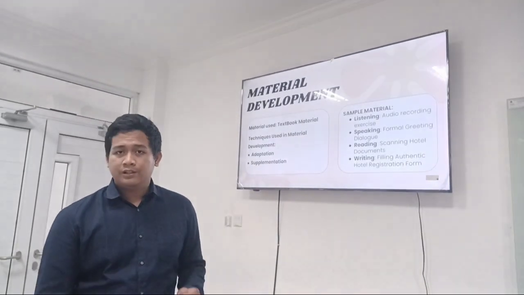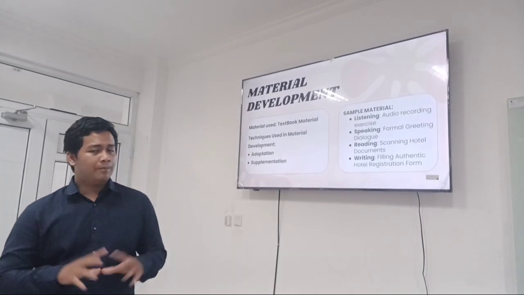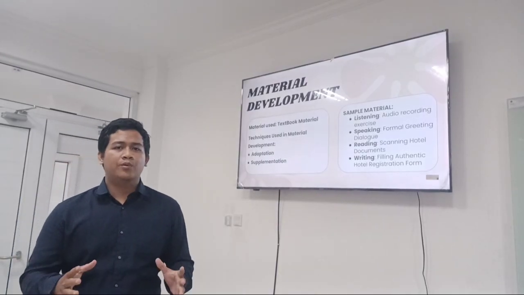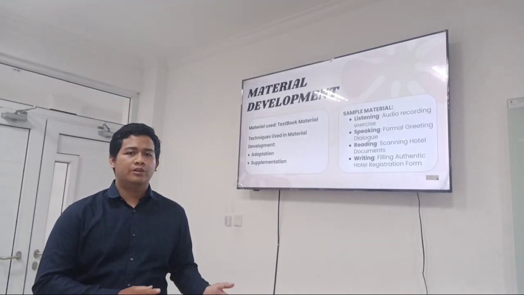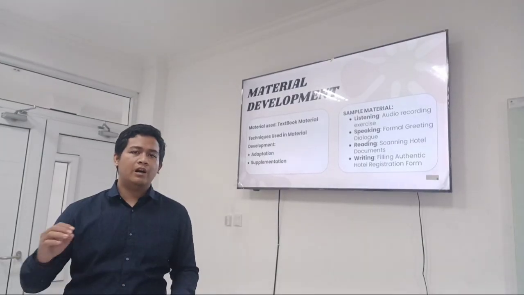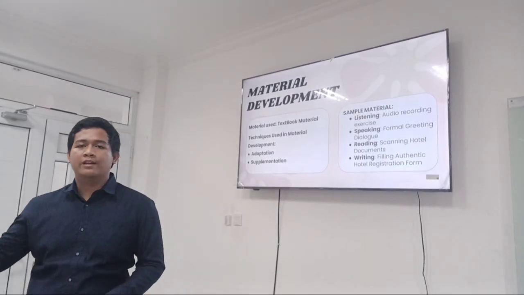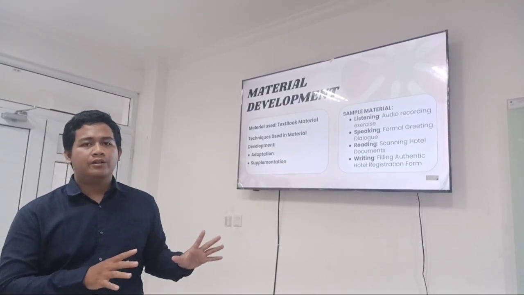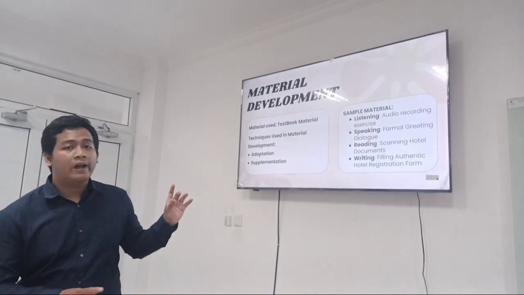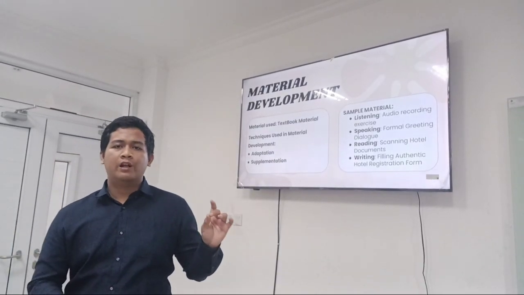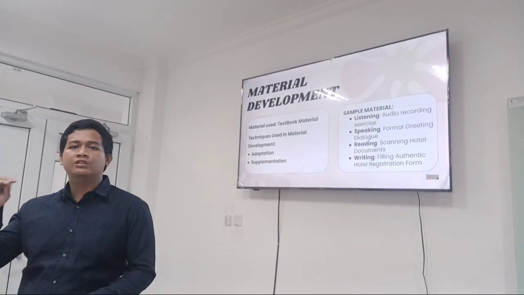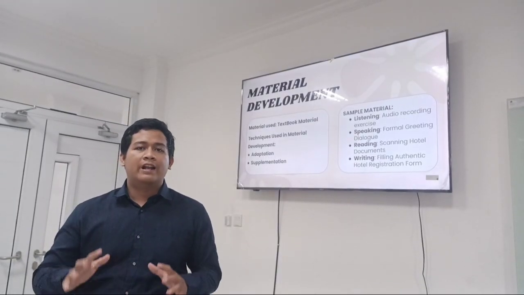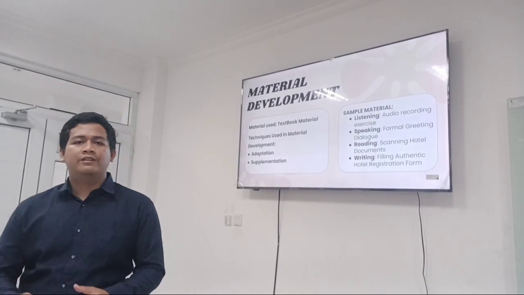And the next is material development. For material development, this course primarily uses textbook material as a core resource. However, the materials are not used directly without modification. In this course, we use two main techniques. The first one is adaptation. Adaptation is used to adjust the difficulty level and simplify the language so that it matches the learner's proficiency.